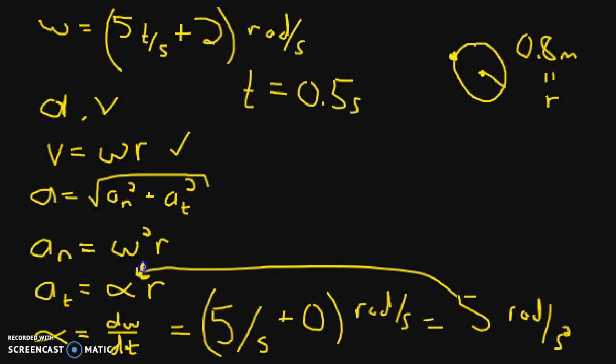If I were doing this problem and I was asked what are the unknowns in my tangential acceleration equation, or what is the value for alpha in that, I would look at it and say, well, I don't exactly know it, but it's also very easy to find, so let me check, and if 5 radians per second squared is an answer, then that would be the correct answer for it. So now you have all of the equations and all of the values, so you can solve the problem.